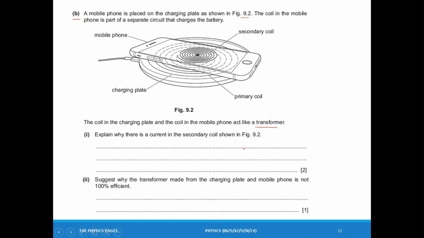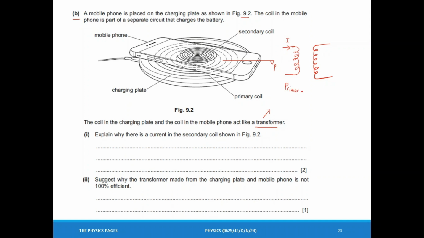Before I go to the next part of the question, I would love to talk about the transformer first. A transformer is a device that we can use to step up or step down the voltage. Here we have some primary voltage that produces a primary current in a coil which is called the primary coil.